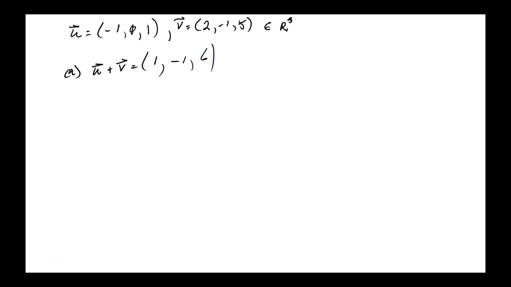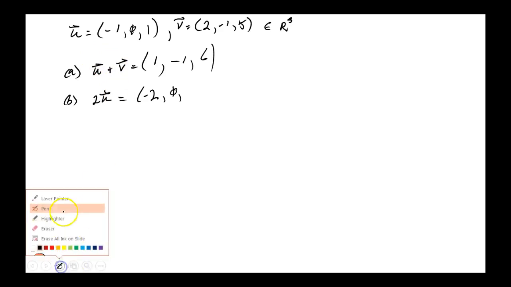The B part says, tell me what 2u is. Negative 1 times 2 is going to be -2. 0 times 2 is going to be 0. And 1 times 2 is going to be 2.